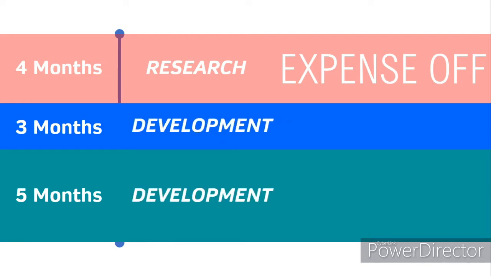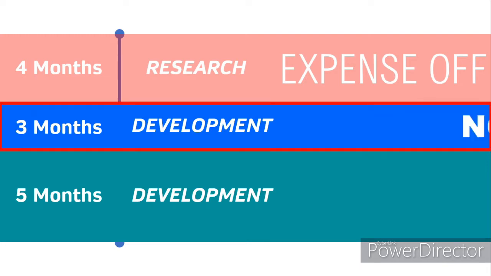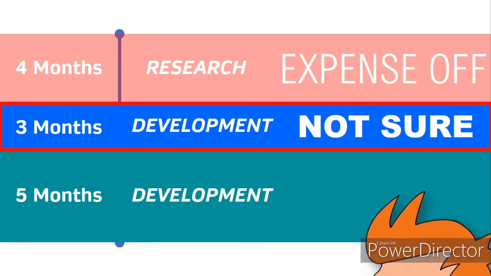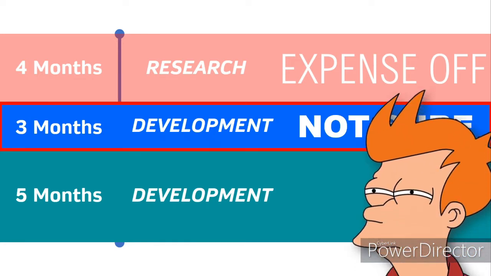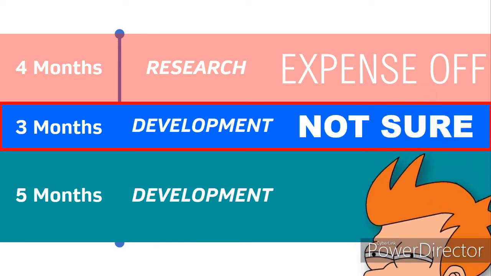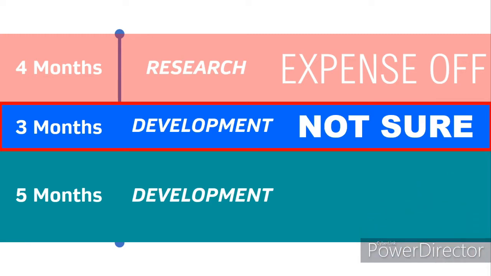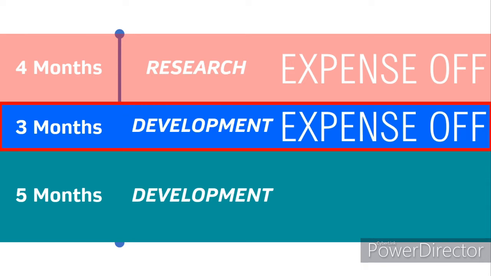The first 3 months and the next 5 months are both for development, but in the first 3 months you are not actually sure whether this project will be a success, or will it fail, or you cannot find certain things that can assure you that this project can be completed. As a result, any cost incurred shall be expensed.